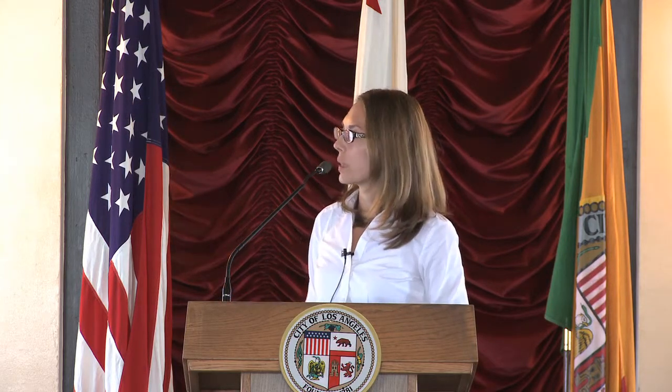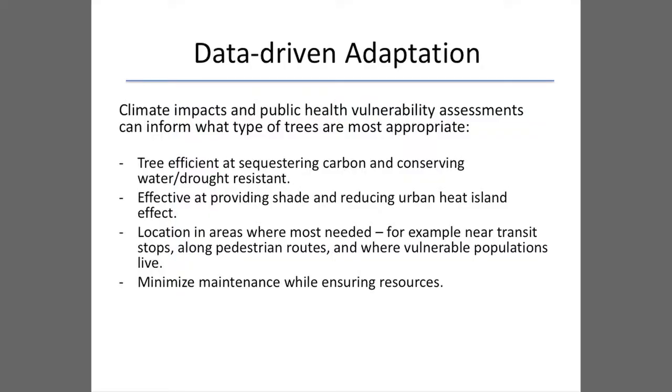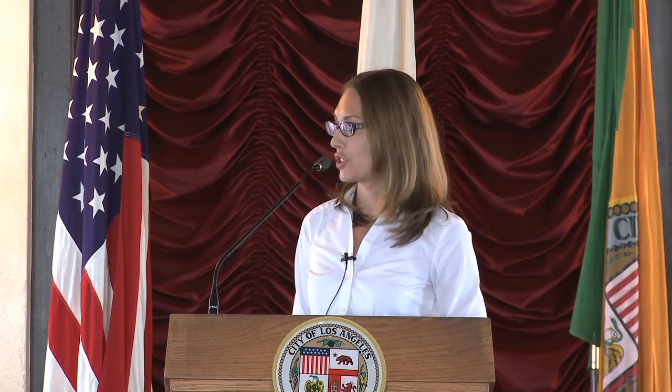So let me give an example to kick off, again, the group discussion on how information about these areas can help drive adaptation planning. So looking at how climate impacts and public health vulnerability information specifically can inform some issues around urban forestry intervention actions.